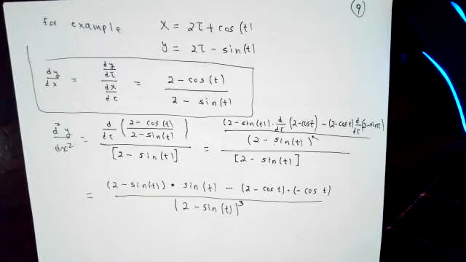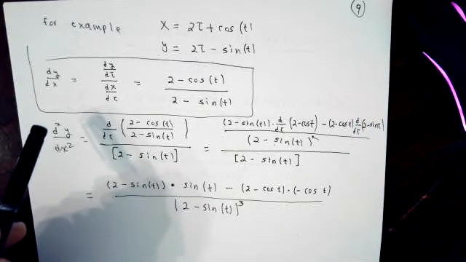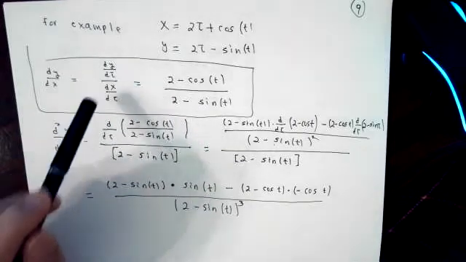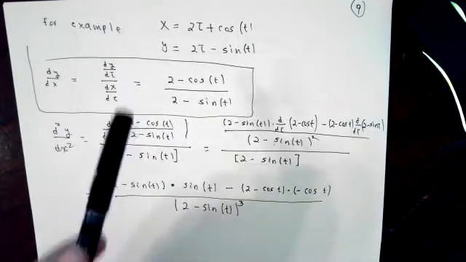So for example, let's let x equals 2t plus cosine t and y equals 2t minus sine t. I want to find formulas for the slope of the tangent line and the concavity on this graph in terms of the t variable. dy dx is straightforward. That's going to be dy dt over dx dt.